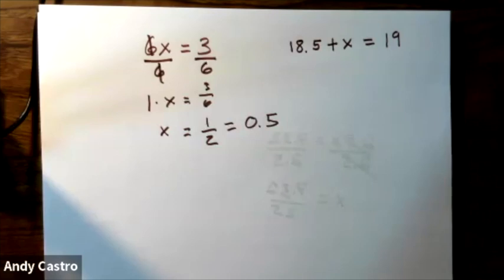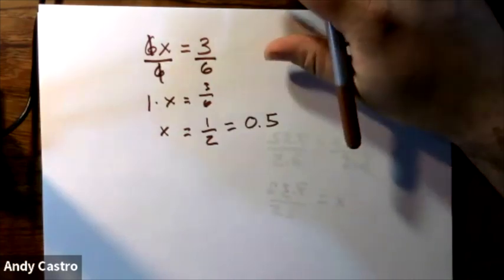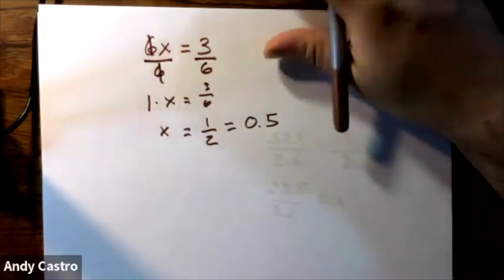What is x? Whenever you have the answer, 18.5 plus x is equal to 19, go ahead and message me. Good, good.